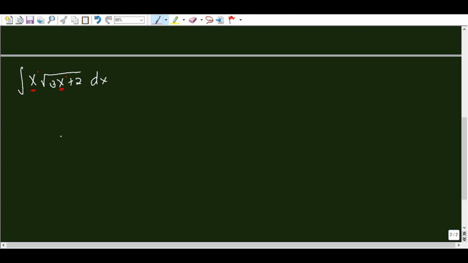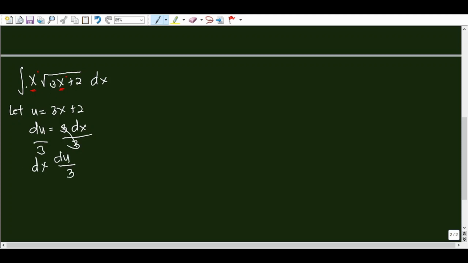Because if we do what we did earlier, let me show you: let u be equal to 3x plus 2. Then du is equal to 3 dx. If we take dx and divide it by 3, my dx becomes du over 3.